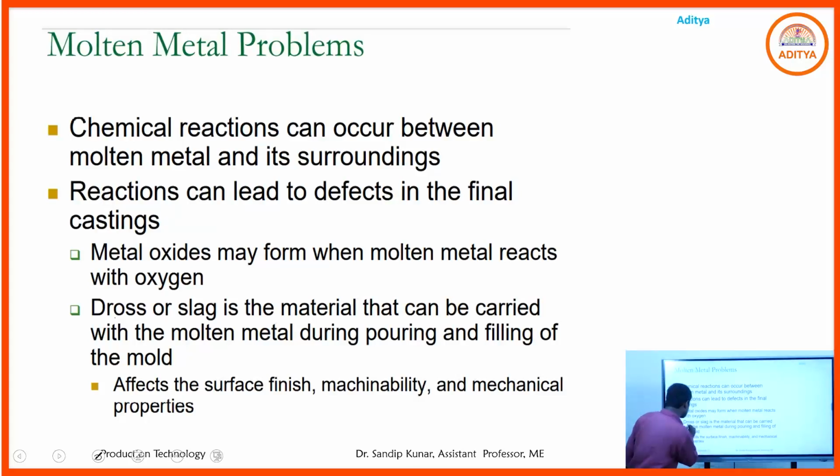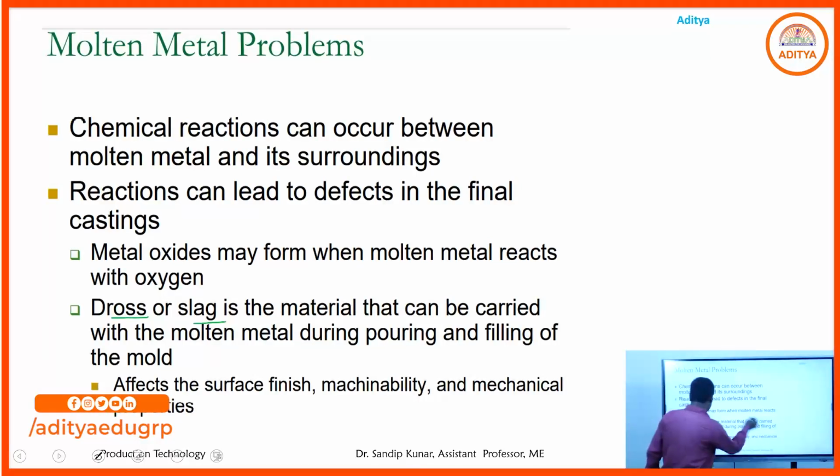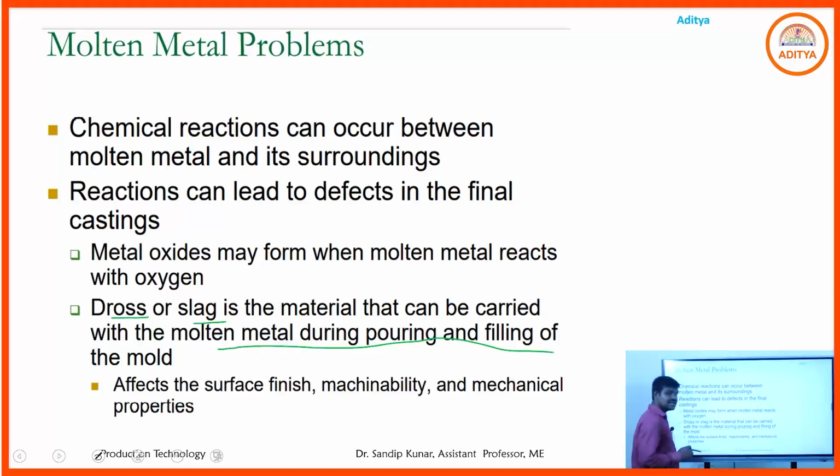Sometimes dross, meaning solid impurities, and slag can be carried along with the molten material during pouring and filling of the mold.